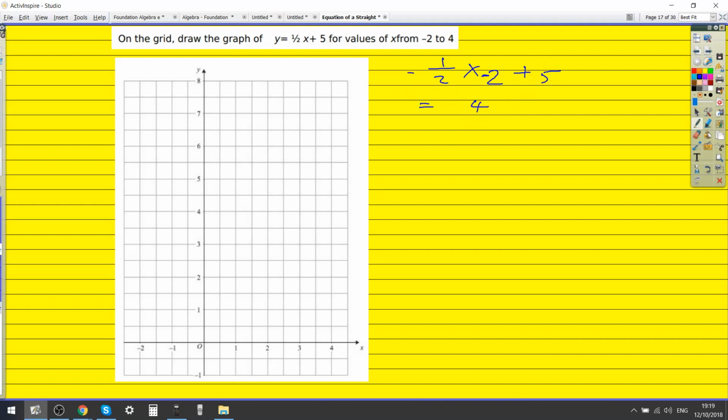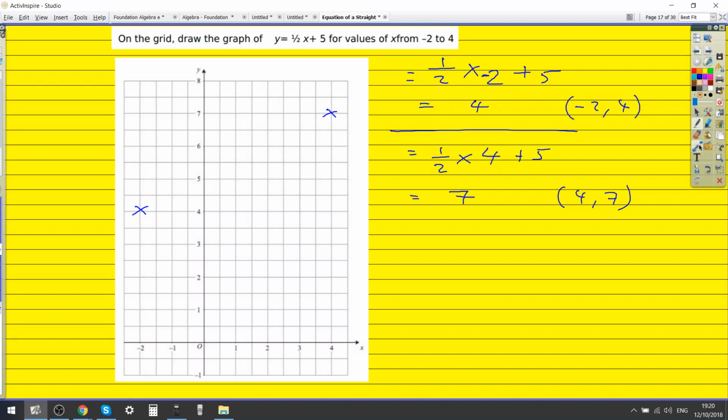And then if you do 4 times a half, and that would be 2, and then plus 5 is 7. And then you do -2, 4, and then 4, 7, then yeah. And then join them up? Yeah. -2, 4, and then 4, 7, and join them up.